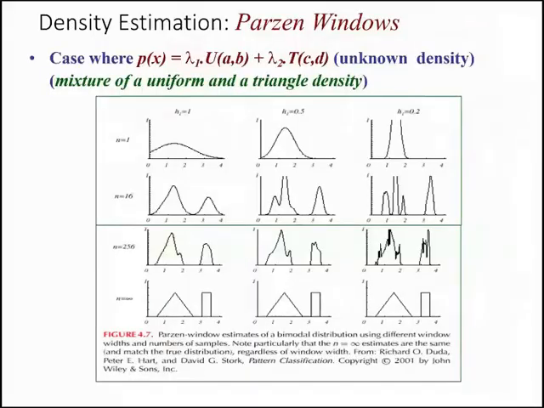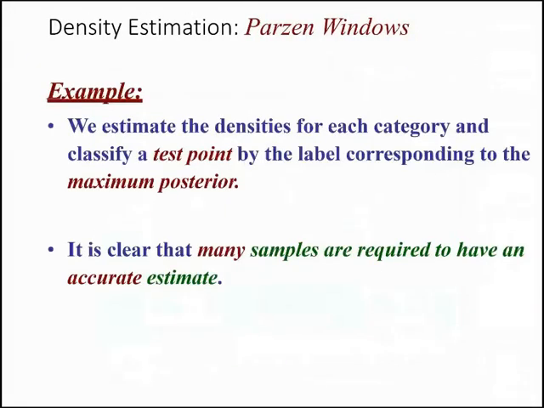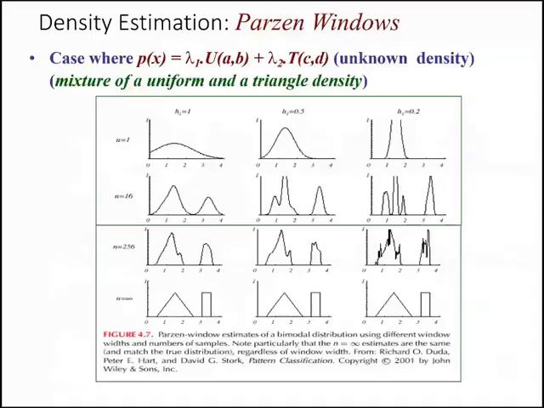Now in this case, we have taken intentionally two distributions mixed together, and then we have formed another distribution. Say we have here a mixture of uniform distribution and a triangular distribution. This is mixed and this is my original distribution. Now out of this distribution, we are drawing samples independently.